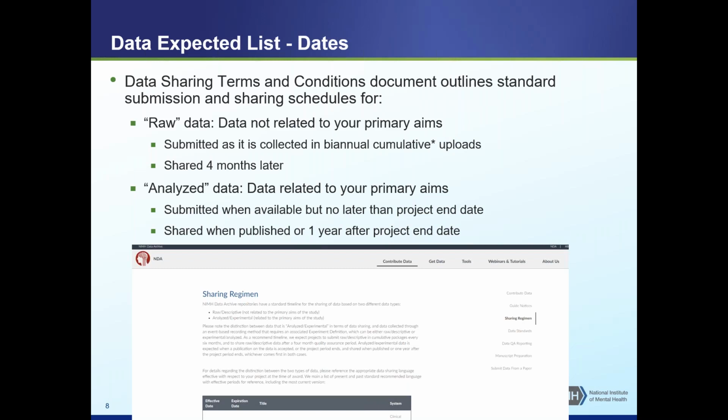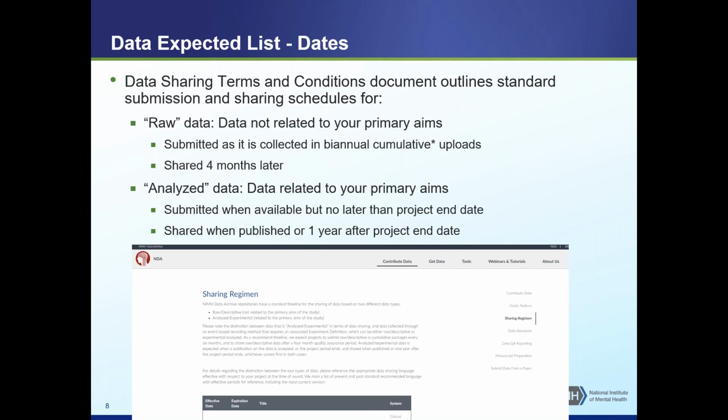And there's a functional definition for it here, which is that ultimately these are data that can be shared 4 months after submission. These are data that you're collecting, and over the course of your project, as it progresses, you are depositing them into the system every 6 months during our standard biannual cumulative upload period, and then it's shared 4 months later after it's been QA'd.